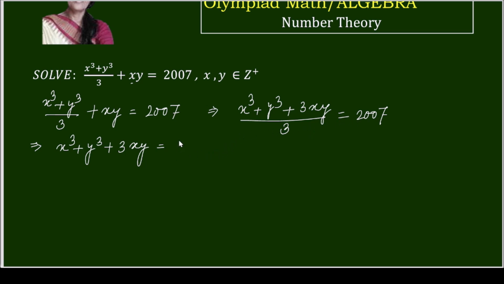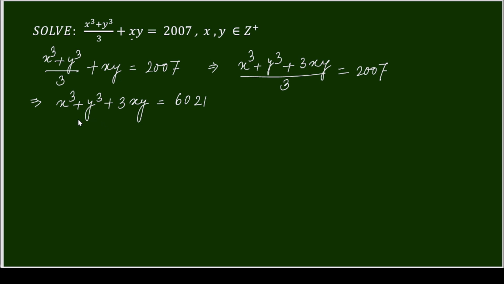2007, I'll get 6021. In the next line, I am taking 1 from the right side, 6021, to the left side and making it 6020.